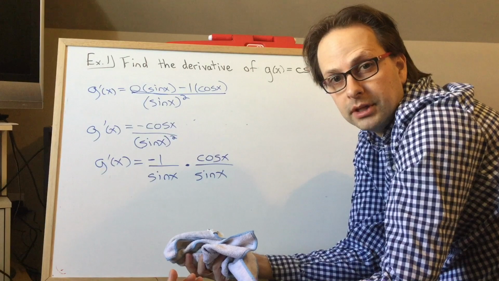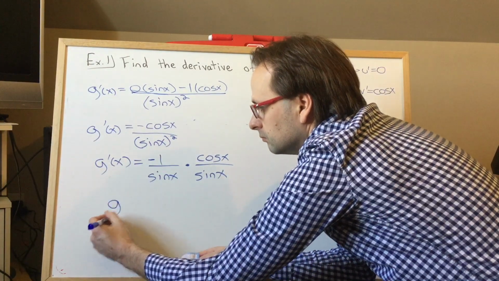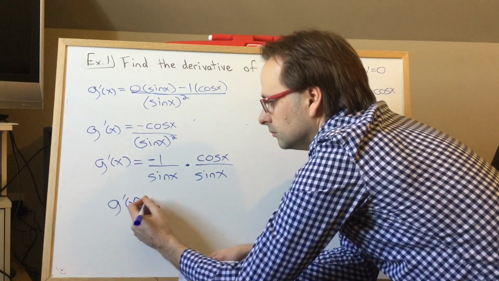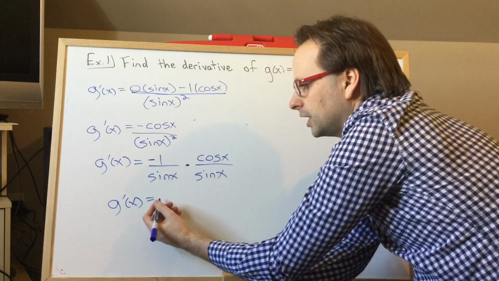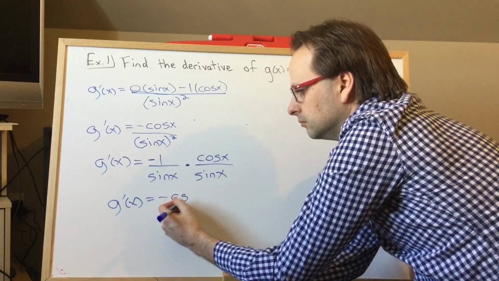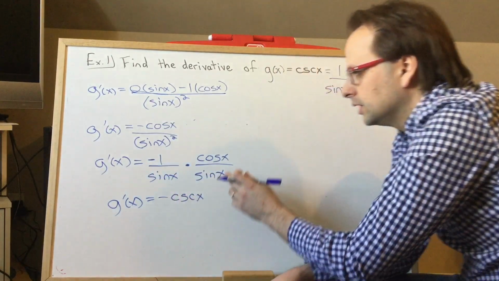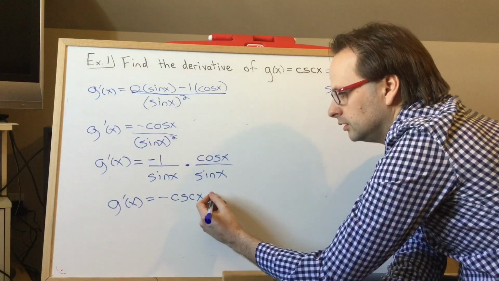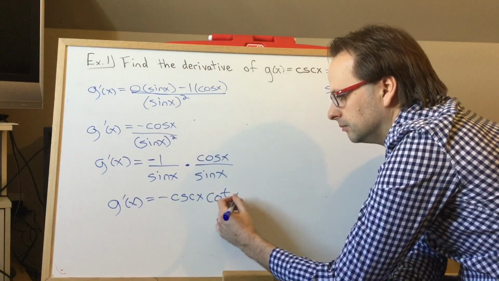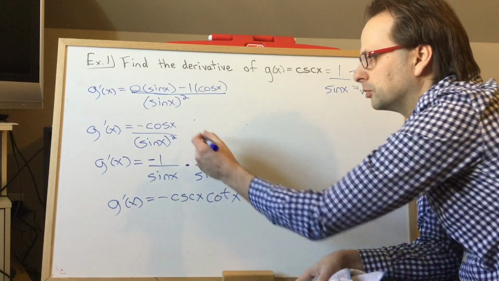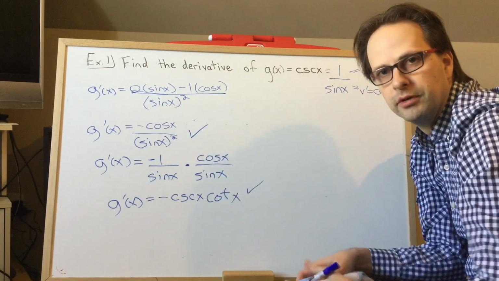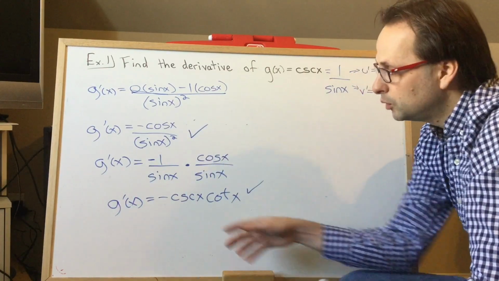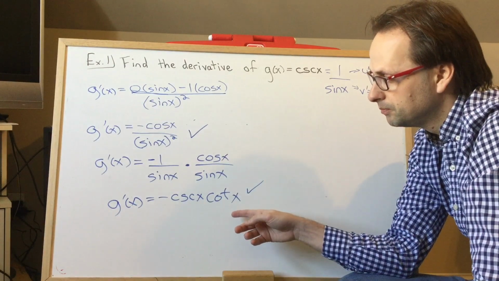Maybe it'll turn into something nice at the end. So 1 over sine x is cosecant x, and cosine over sine x is cotangent x. These are both expressions for the derivative of cosecant x, but we tend to prefer this one over here.